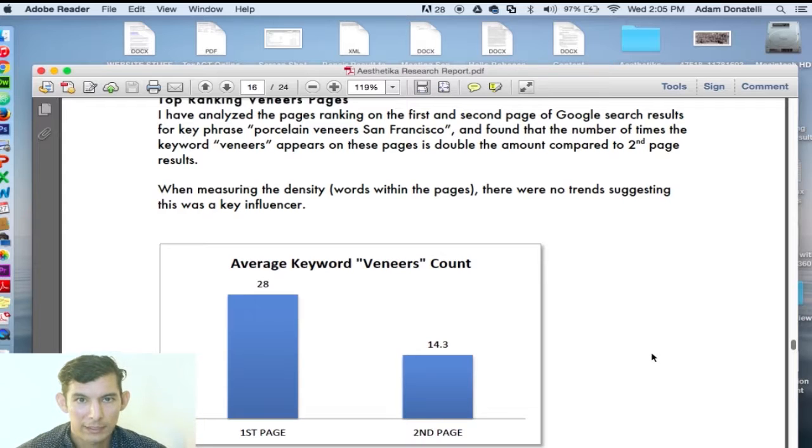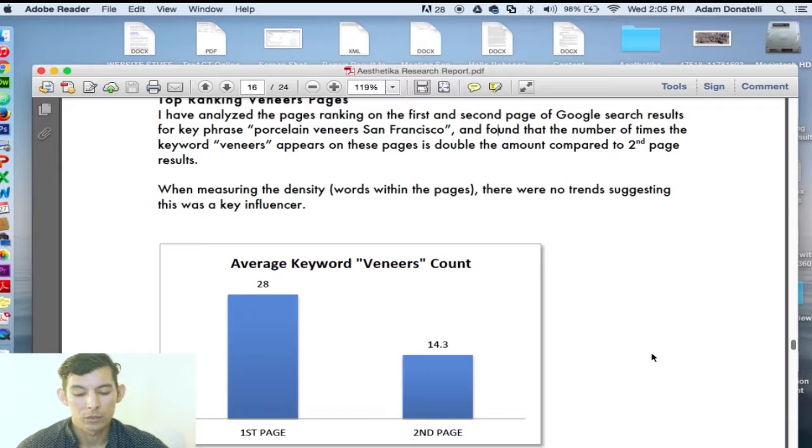The biggest trend I found was the amount of content and optimization for keywords when comparing the first page performers versus the second page performers.